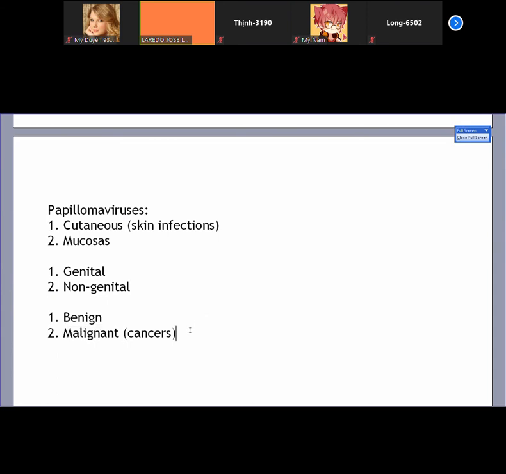All combinations are possible. The most important problem of papillomaviruses are the cancers in genital locations. The most important cancer is the cervix cancer in women. This is the most important, but not the only one. They can cause other cancers.